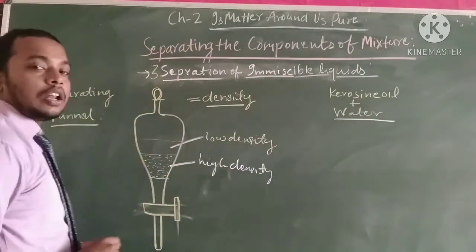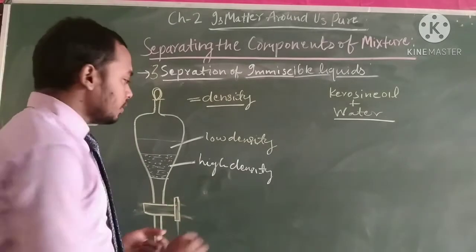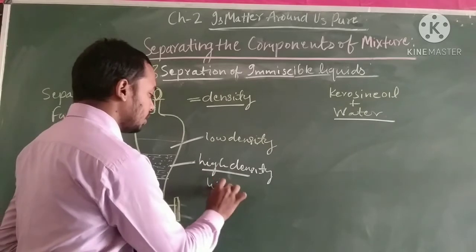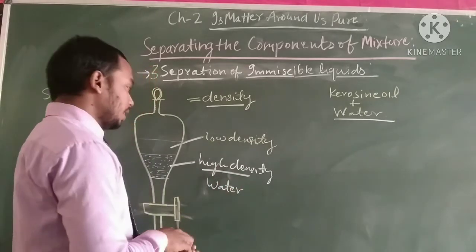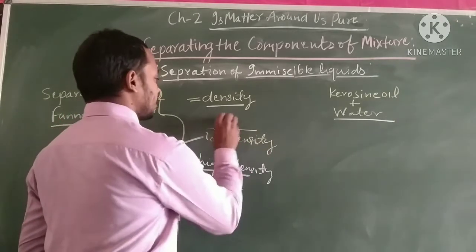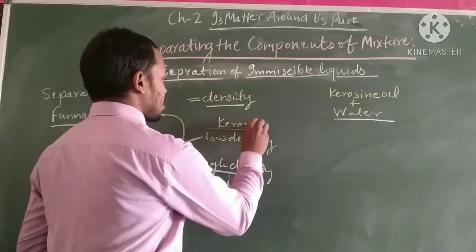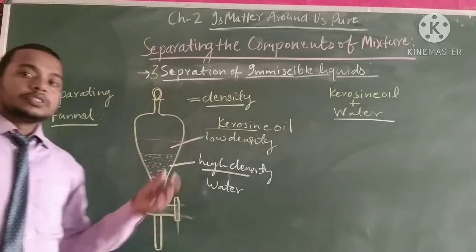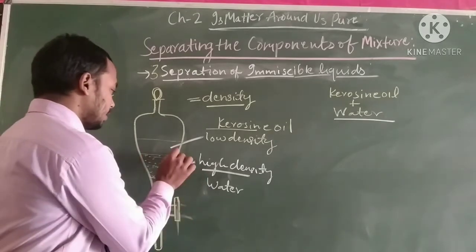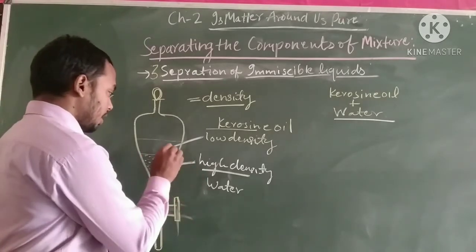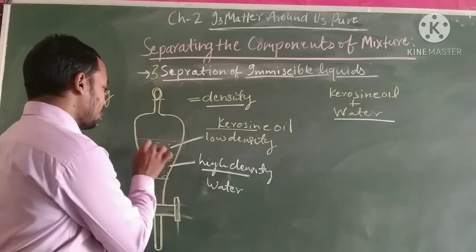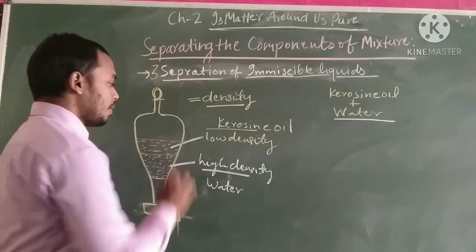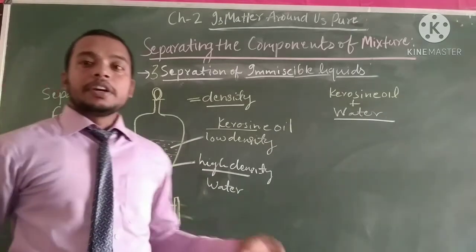The kerosene oil density is low and the water density is high. So here is water and here is kerosene oil. Kerosene oil makes a layer at the upside and water is on the lower side.